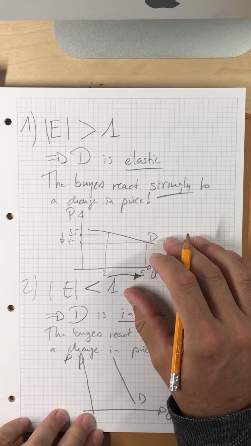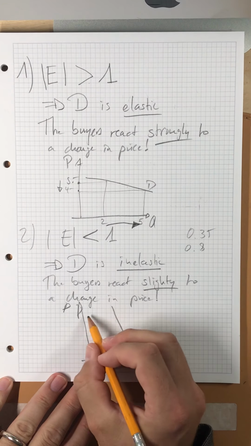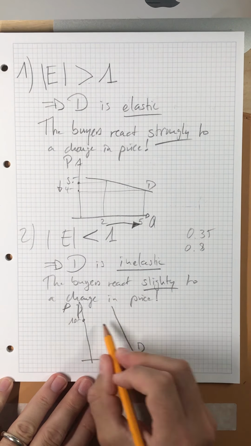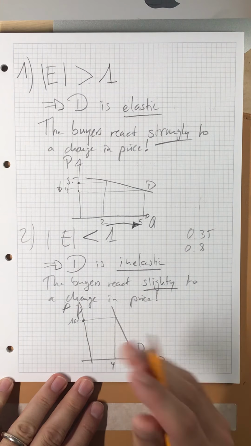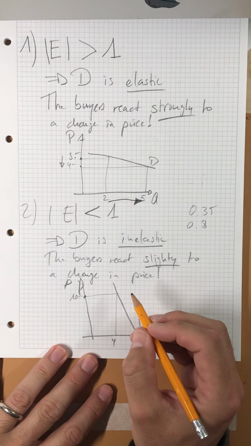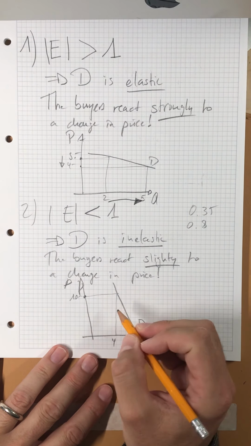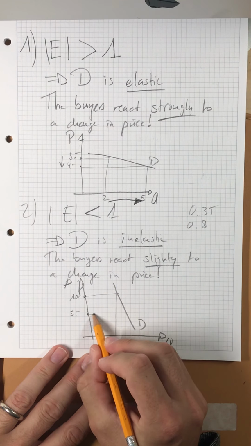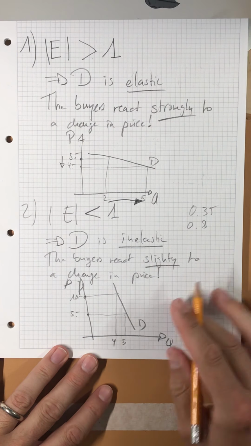That's a strong reaction. Now the second case is the demand is inelastic. You have a price at 10 francs. The quantity is about 4, that's an example. And if the price goes to, let's say, 5 francs, and the quantity doesn't change a lot, it's 5.